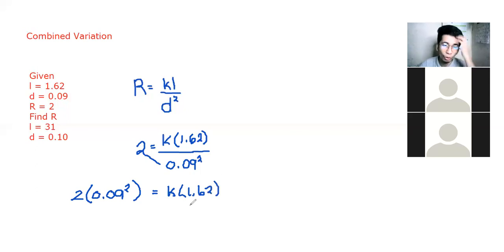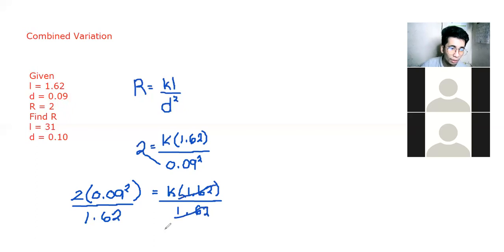is equals to K times 1.62. Over. So, cancelin natin. Tanggalin natin si 1.62 na kasama ni K. Divide natin pareho sa 1.62 para ma-isolate natin si K. Malaman natin yung constant of variation. So, cancel si 1.62, matitira si K. Then, solve natin to on your calculator.